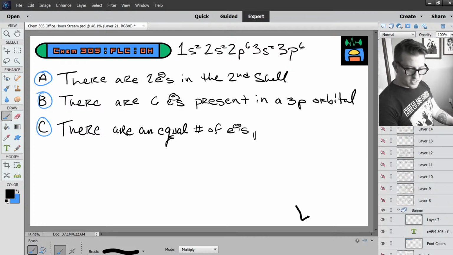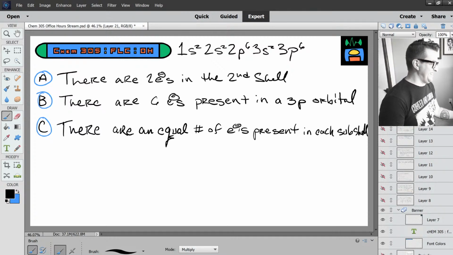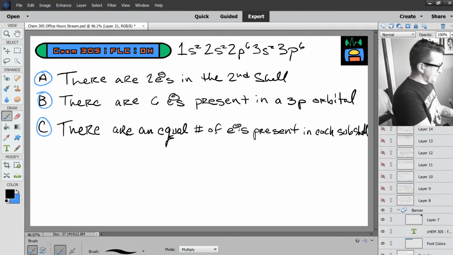Let's see, equal number of electrons present in each subshell. Oh my gosh, Jen, that just killed me.